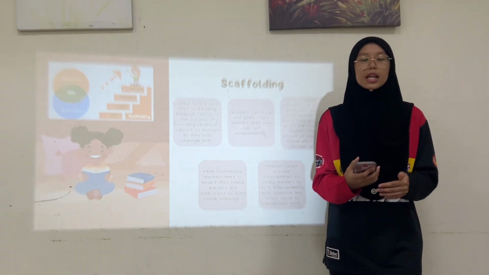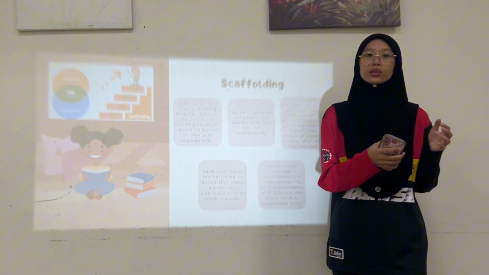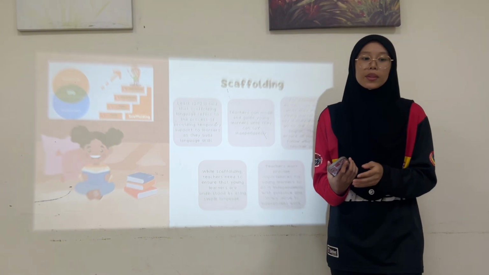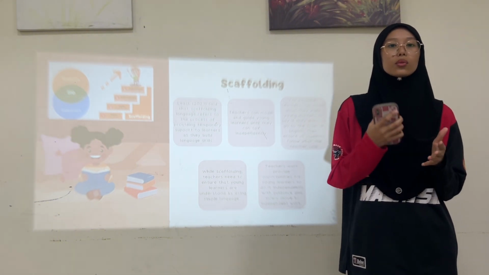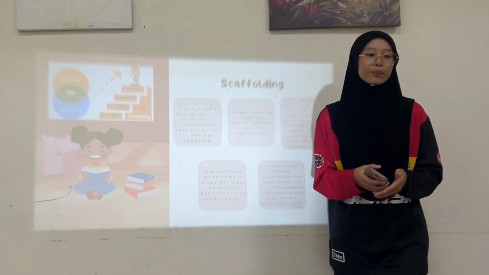For example, teachers can model what they want young learners to say if they want to go to the toilet in English. Then, teachers need to ensure that all students follow what the teacher said.